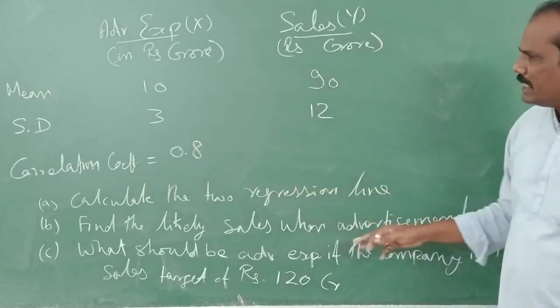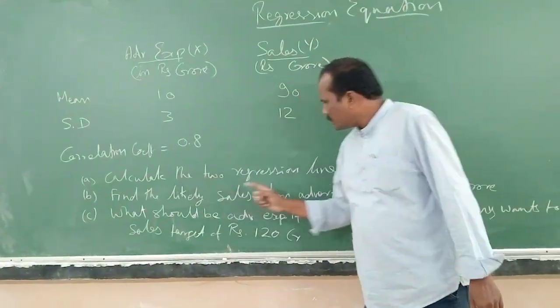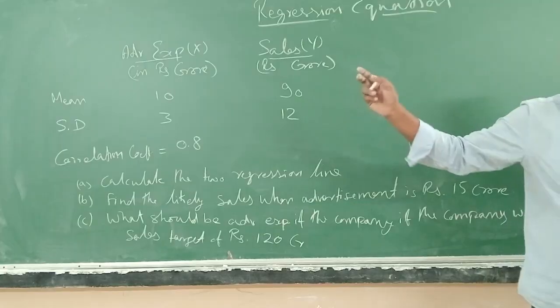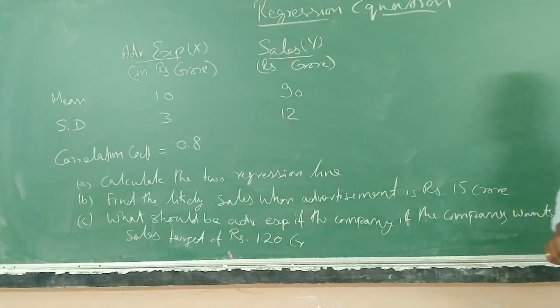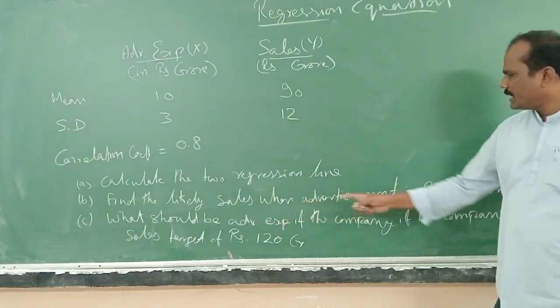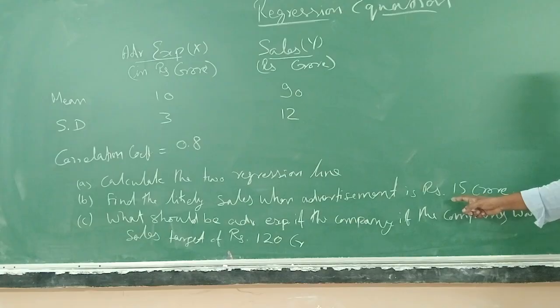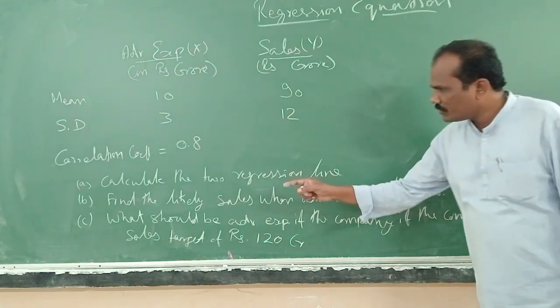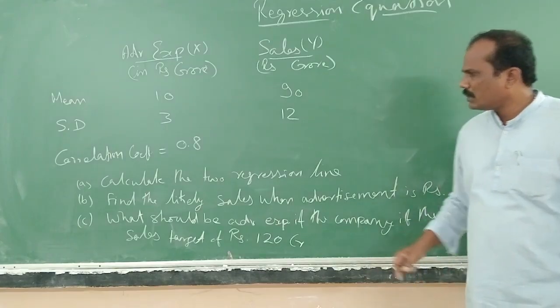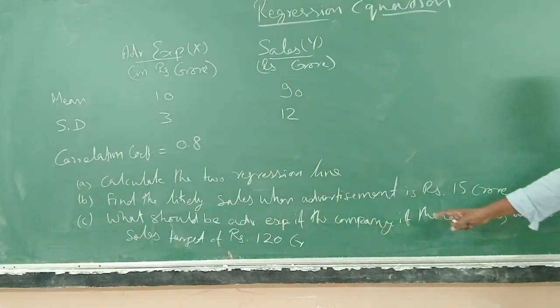Here we have raised three questions. Calculate the two regression lines using these values, and find out the likely sales when the advertisement cost is rupees 15 crores.